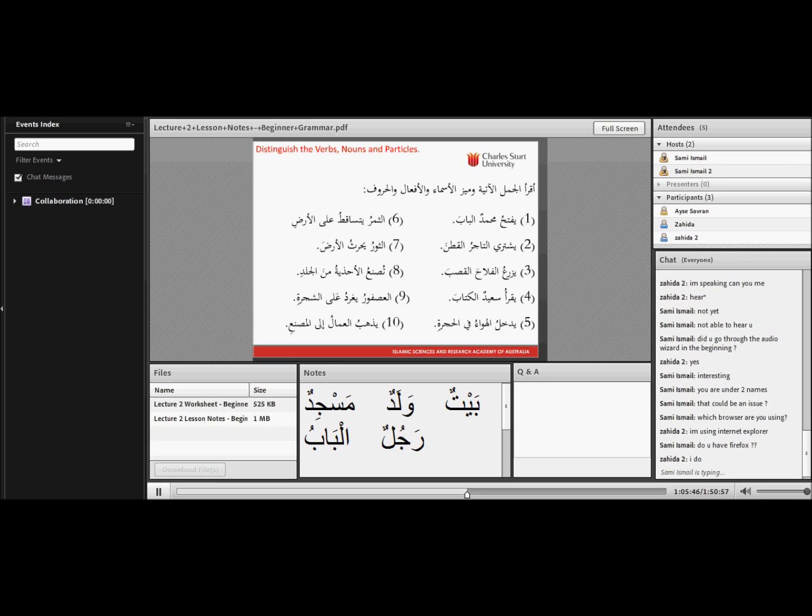Yes, and then مصنع is مفعول. It's okay if we're not doing the maf'ul and fa'il at the moment. Just say if it's an ism, fi'l or harf. إلى حرف, مصنع اسم. Good. So ila is harf and masna is ism. Masna means a factory.